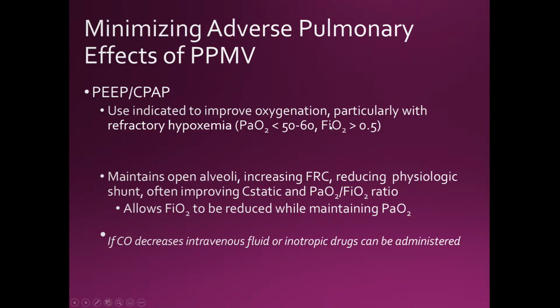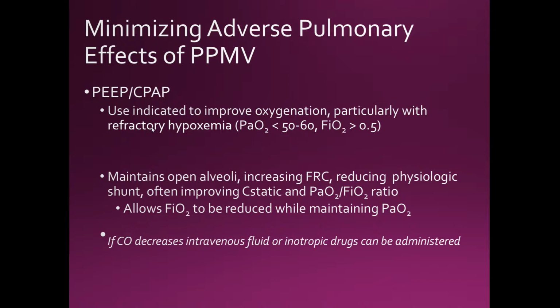So improve oxygenation primarily with refractory hypoxemia. Refractory meaning hypoxemia that is not corrected by oxygen. Another way to say refractory hypoxemia is a shunt, pulmonary shunt.